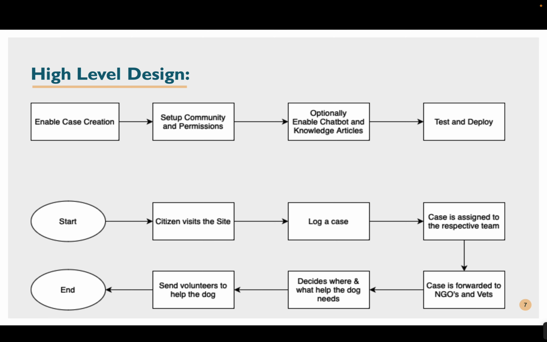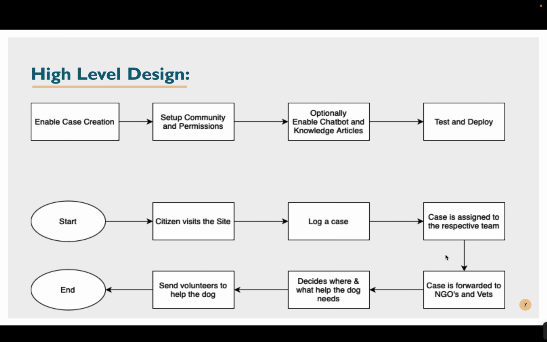So how does the flow start? Usually a person is walking in a park, or is in the market, and sees a dog that needs help. So you instantly open your application and visit the site. Then you simply log a case, and once the case is created successfully, it can be assigned to the respective team, and then the case can be forwarded using some Salesforce flows.